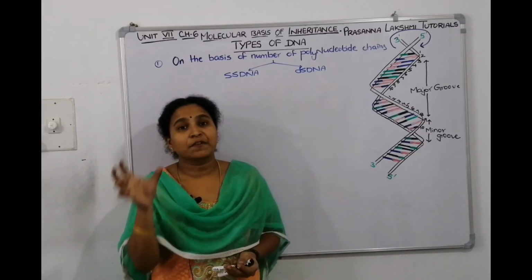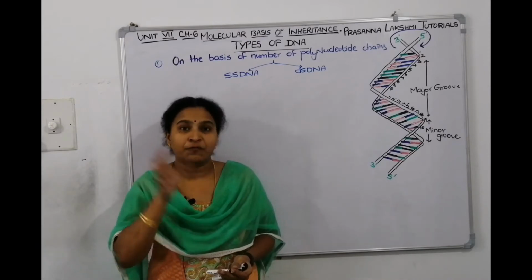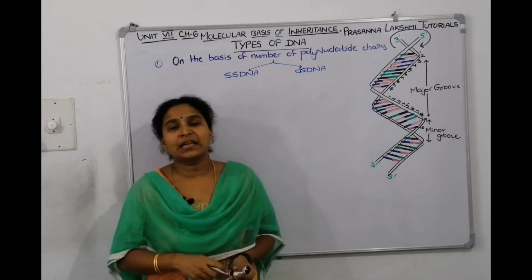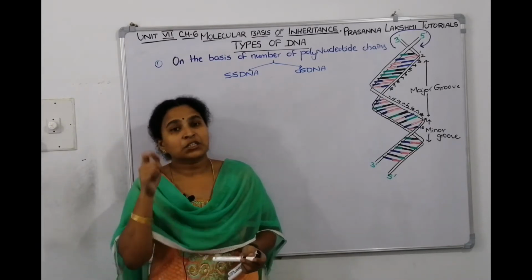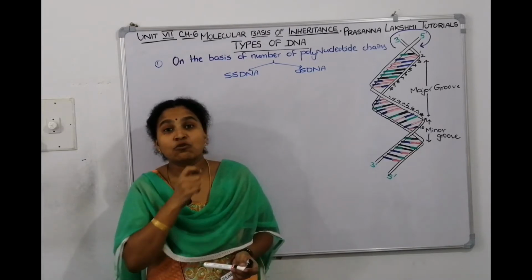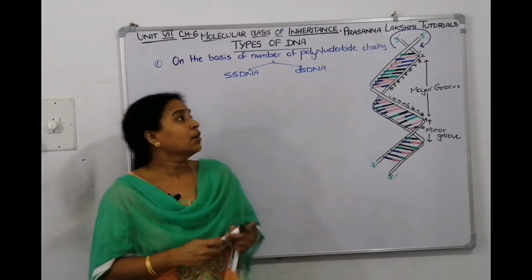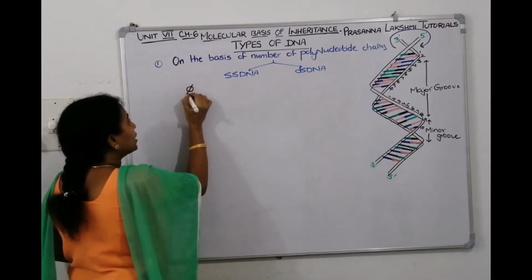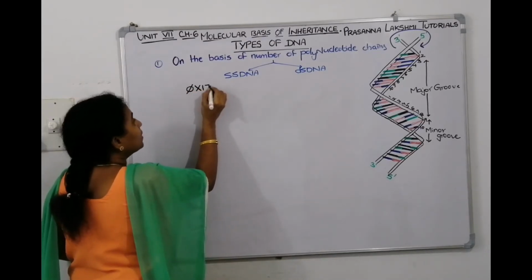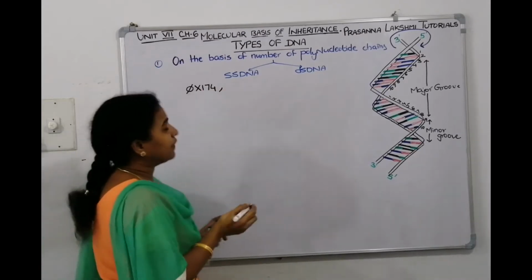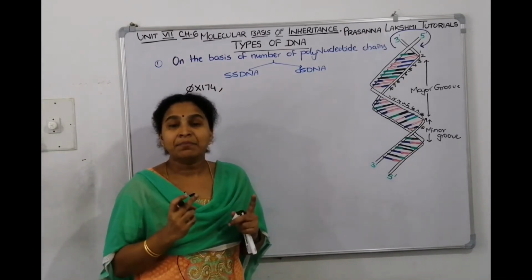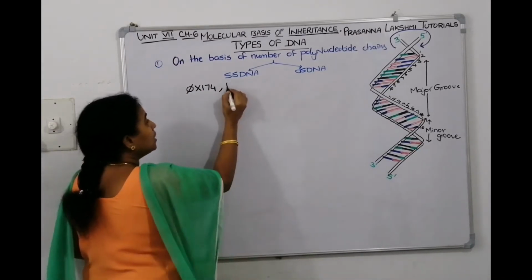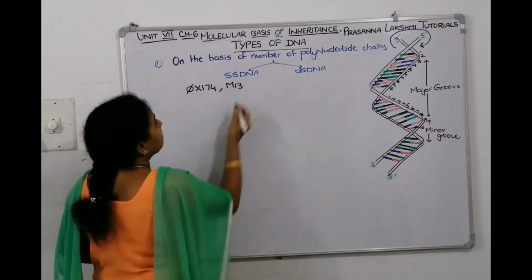Under the size they have given, PhiX174 bacteriophage has single stranded DNA as the genetic material, which has 5386 nucleotides. Do you remember that? So one example is PhiX174 bacteriophage and the second example is M13 bacteriophage.